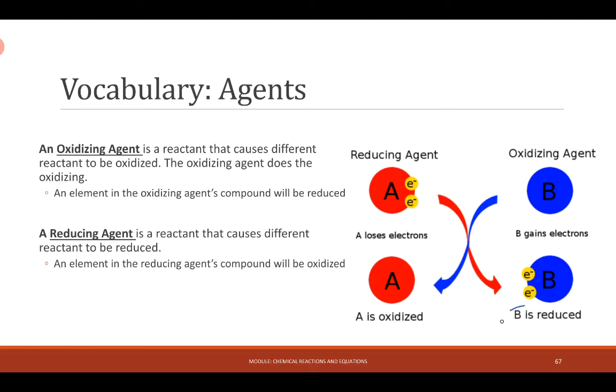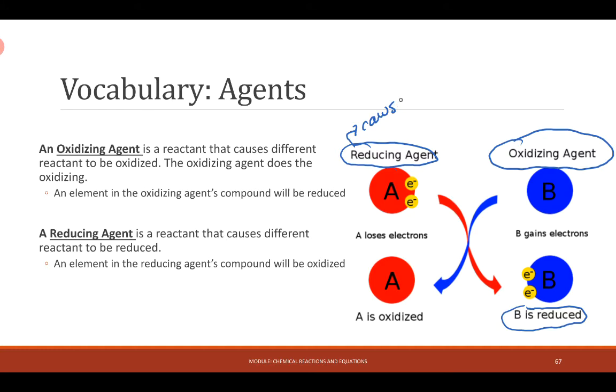That means that if something ends up being reduced, it is the oxidizing agent. In other words, the oxidizing agent causes oxidation of something else. The reducing agent causes reduction of something else. Because it's causing reduction, it's giving up electrons, and so it will end up getting oxidized.